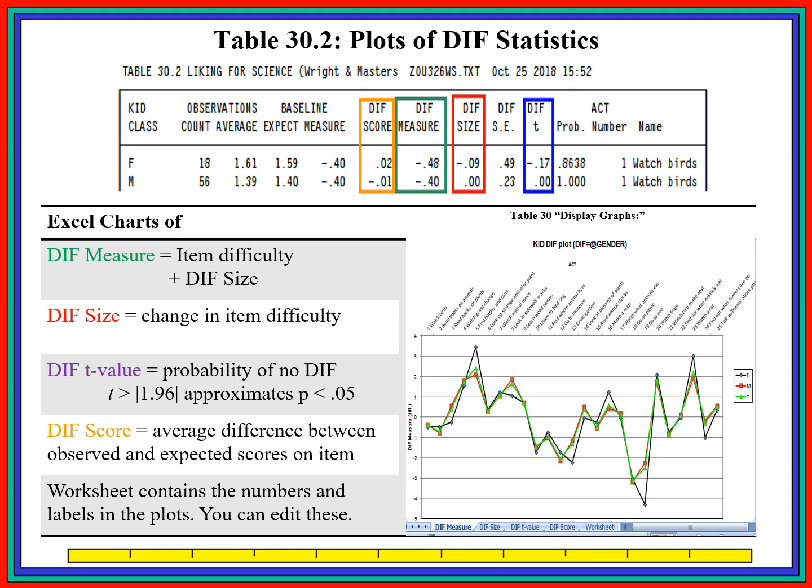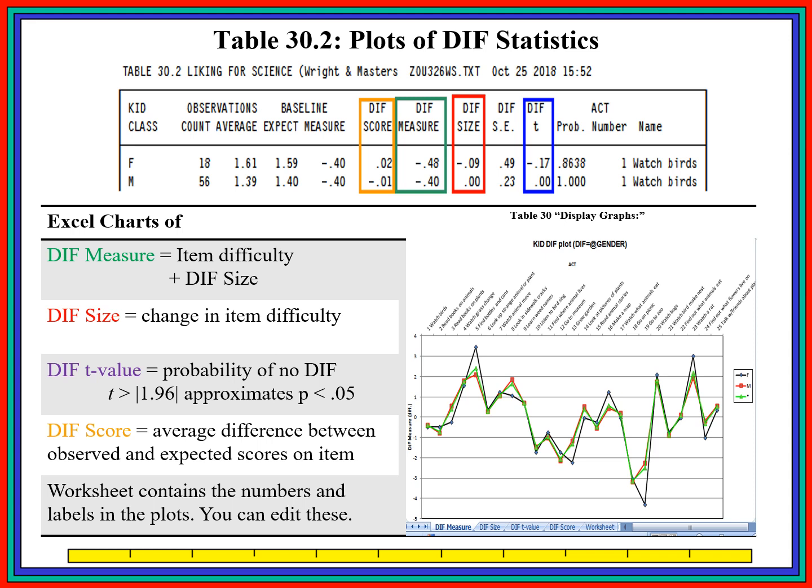If you look on the plot on the right side, you'll see there are three lines. The black line is the girls, the red line is the boys, the females and the males, and the green line is everyone together. Now, a convenient feature of Excel is if you want to get rid of a line, you can click on it and delete the line. So we could easily convert this plot to just boys and girls.